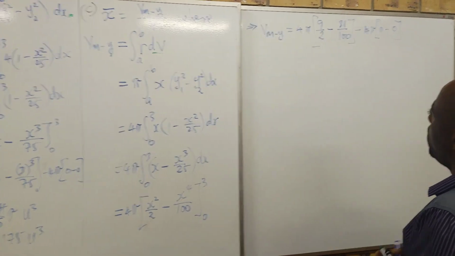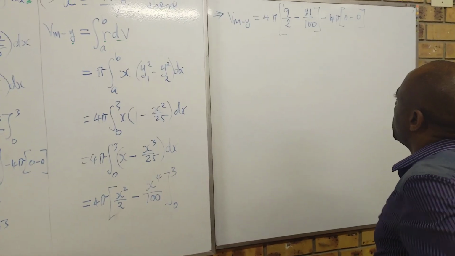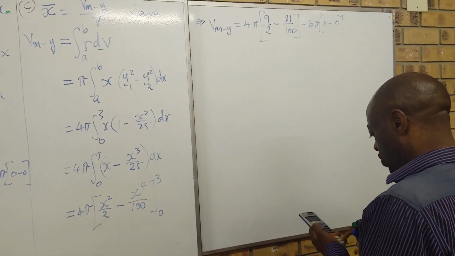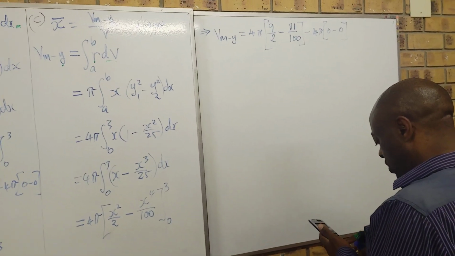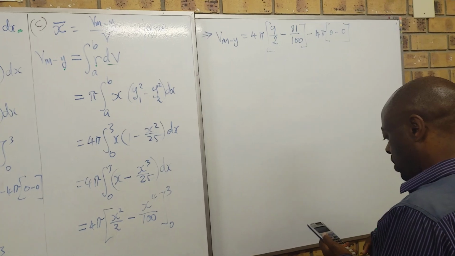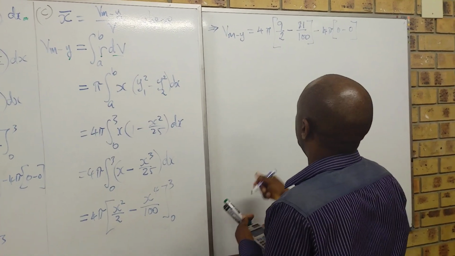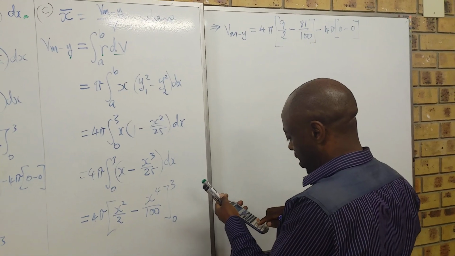So for our volume moment, I have to take 9 over 2 minus 81 on 100. That gives me 369 on 100 times 4 pi.